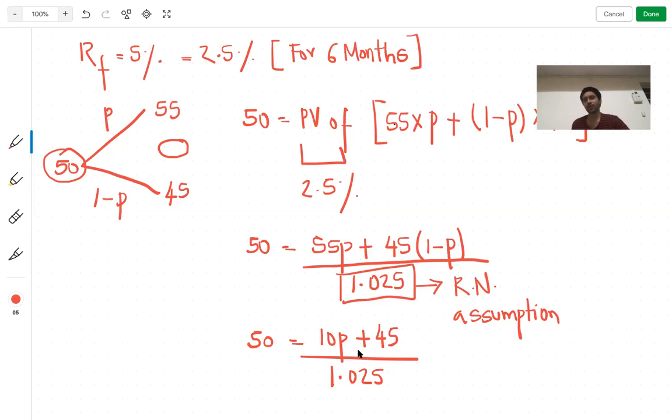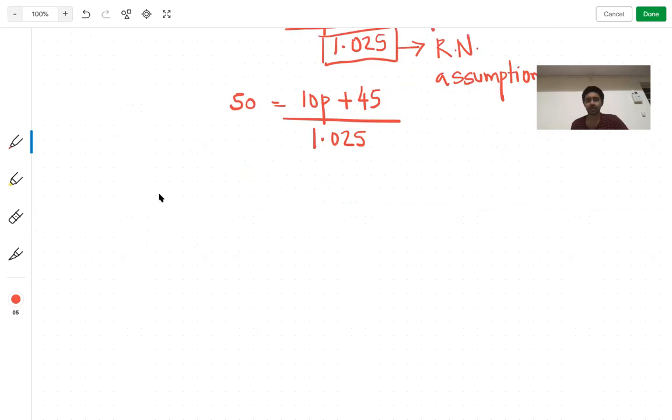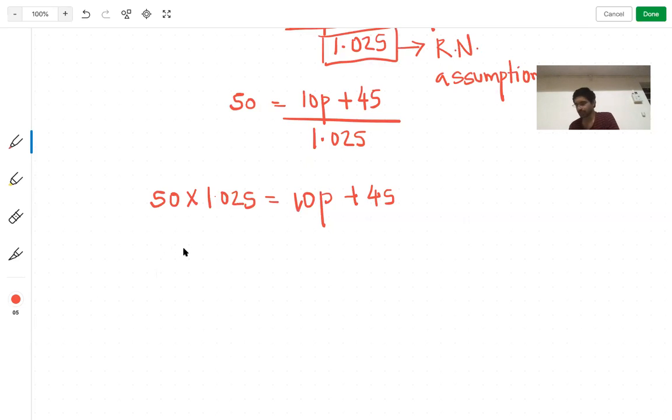All right. So then when we solve for this further, we get 50 into 1.025 is equal to 10p plus 45. I'm just solving for this. 50 into 1.025 is 51.25.